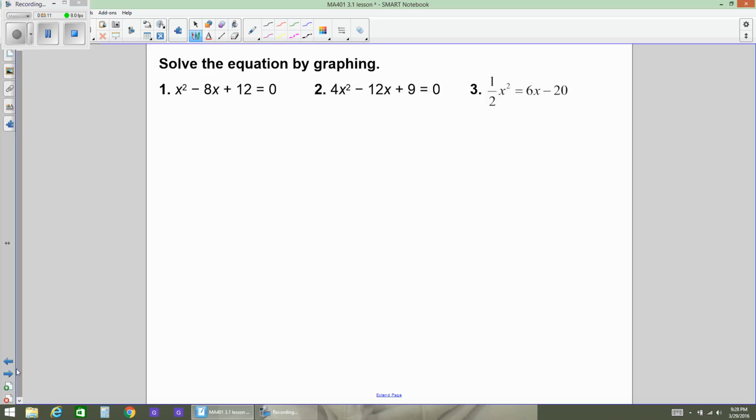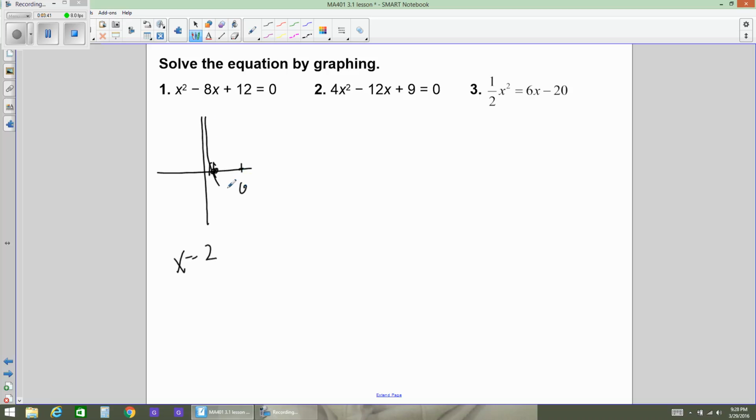All right, let's do some more. It says solve by graphing. So calculator is on. I've got x squared minus 8x plus 12. Graph. And a quick sketch of this. I've got a 0 at x equals 2, and another one at 3, 4, 5, 6.